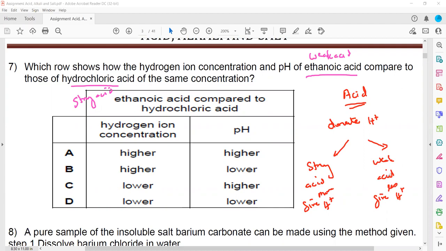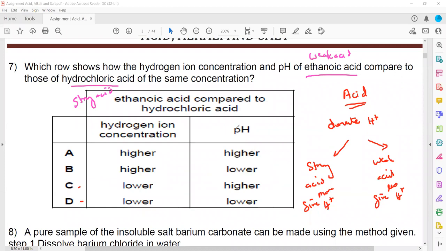A weak acid gives fewer hydrogen ions. So first, if we compare ethanoic acid with hydrochloric acid, ethanoic acid is a weak acid. So the amount of hydrogen ions will be lower. So either C will be the answer or D.